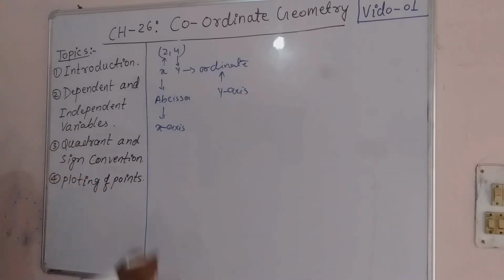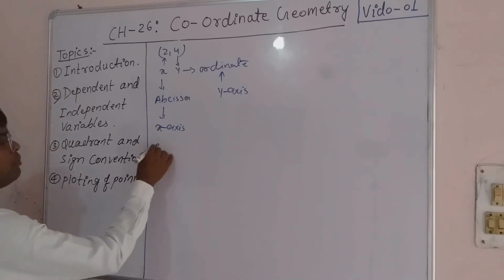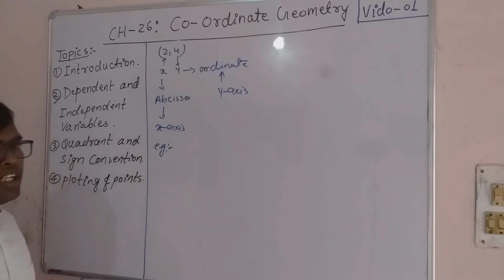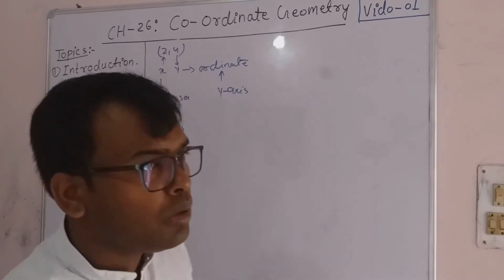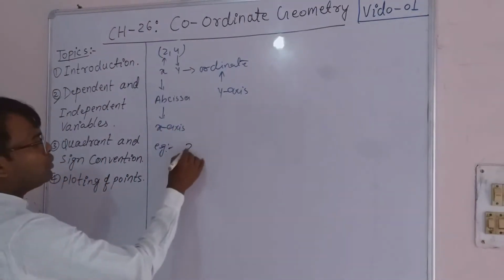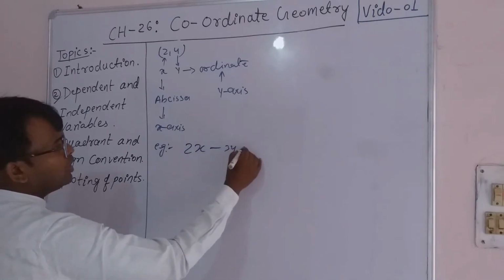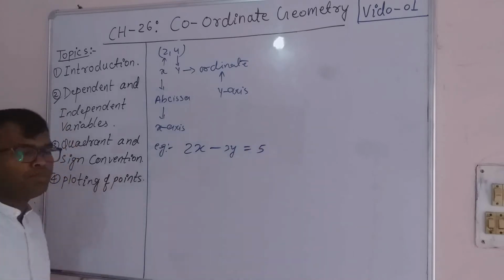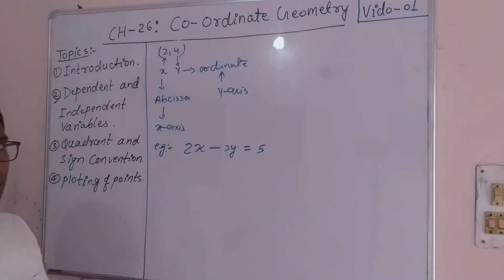Okay. So let me start with the topic of dependent and independent variables. Let me take an example of a linear equation in two variables, which is also called the equation of a line. Suppose 2x plus minus 3y is equal to 5. How can we represent the variables as independent and dependent variables?